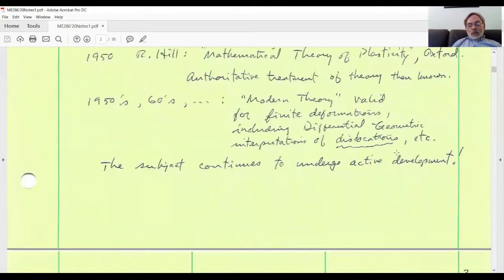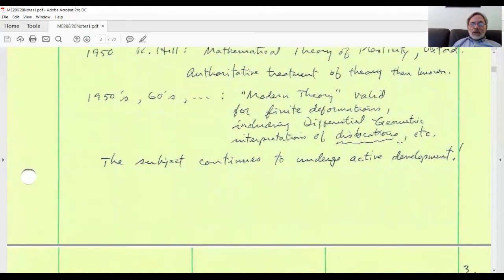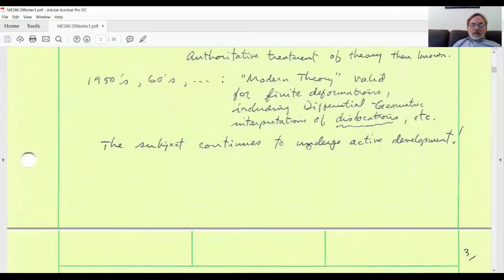And so we will devote some significant space to the differential geometric aspects of the subject in this course, in particular with regard to the description of dislocations, which are the essential mechanism by which plasticity occurs in metals. And to this day, the subject undergoes very active development.